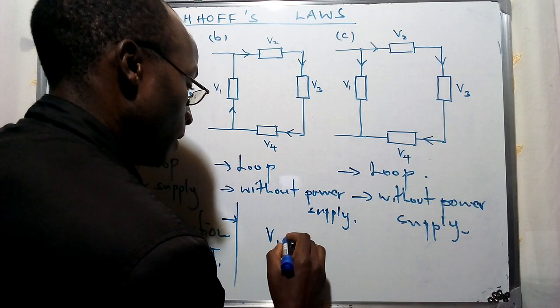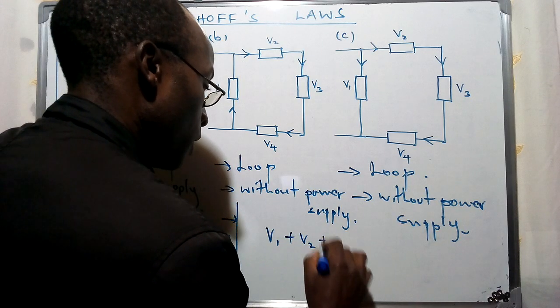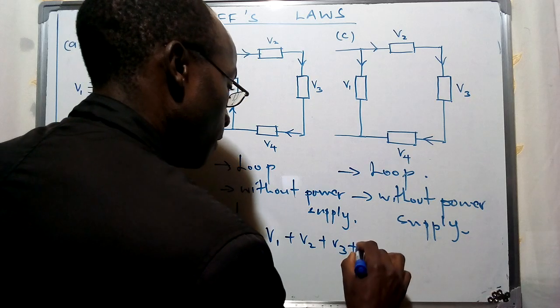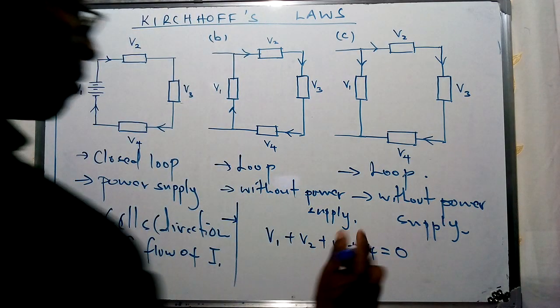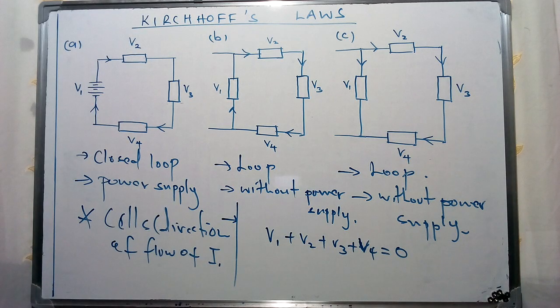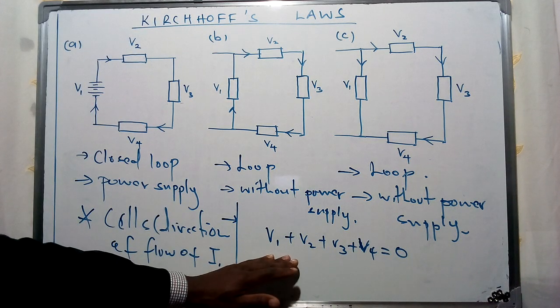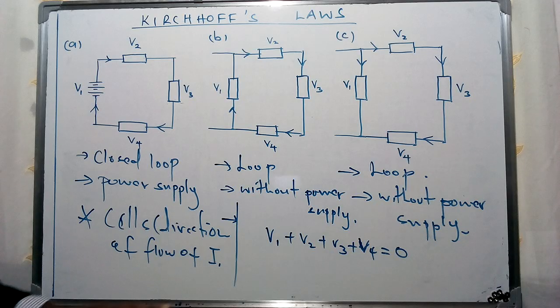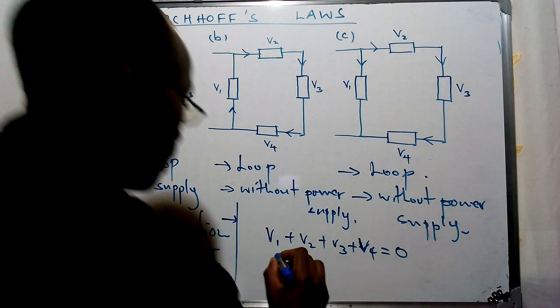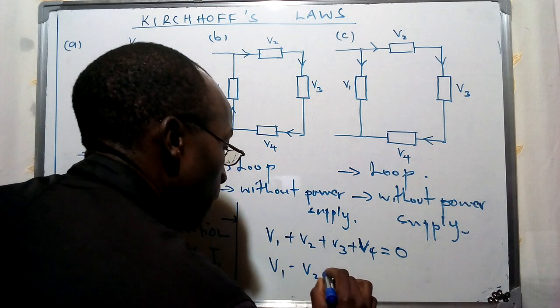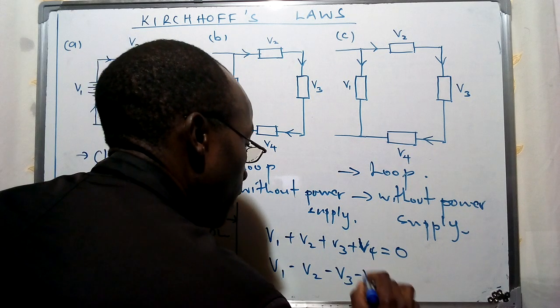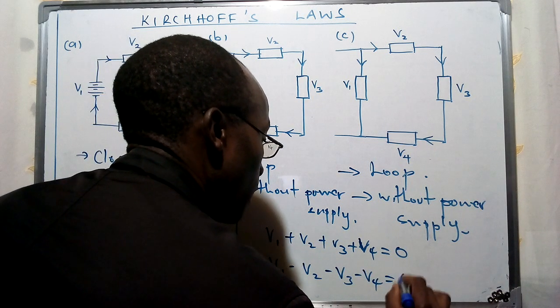This is going to be given in terms of V1 plus V2 plus V3 plus V4, and the sum of this specific potential which we had mentioned is going to be equivalent to 0. Now, in this particular case, if we try to look at this specific circuit for 2 and 3, I can give another version which is still from the second law: V1 minus V2 minus V3 minus V4 is equivalent to 0.